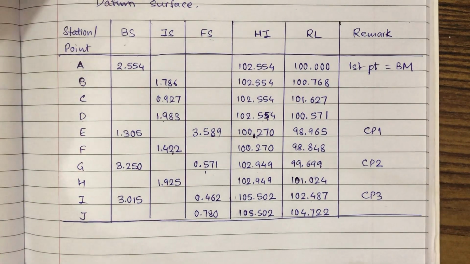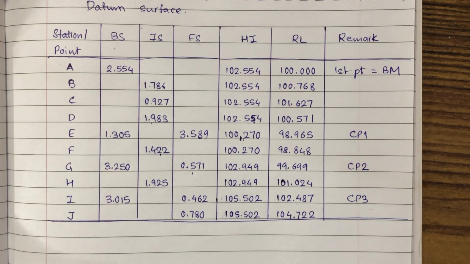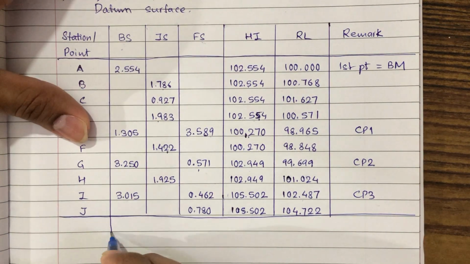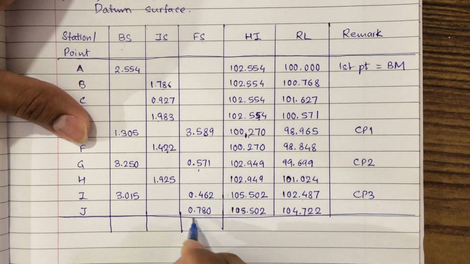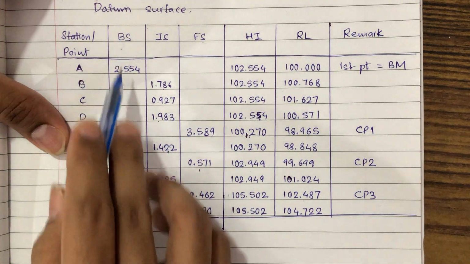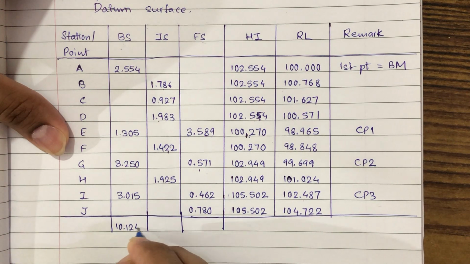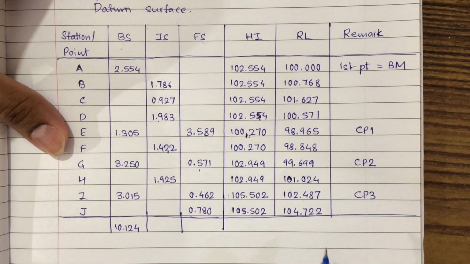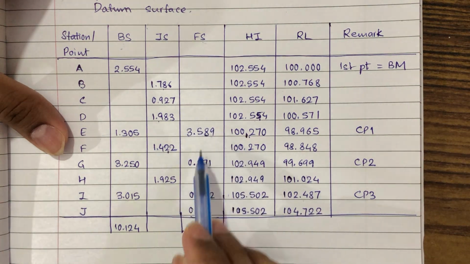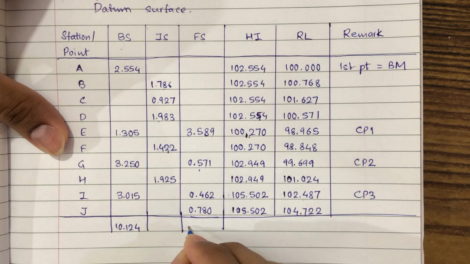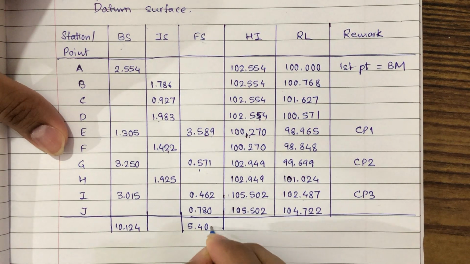Now in order to check whether you have done the calculations correctly or not, there is an arithmetical check. For that we need to calculate the sum of all the backsight readings. After calculating the sum of these 4 readings, this comes out to 10.124. Also, we have to find the sum of all the foresight readings. Adding these 4 readings, it comes out to 5.402.